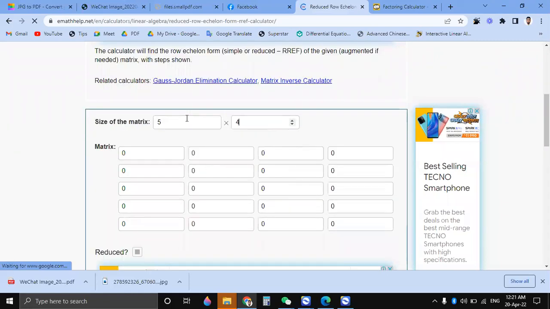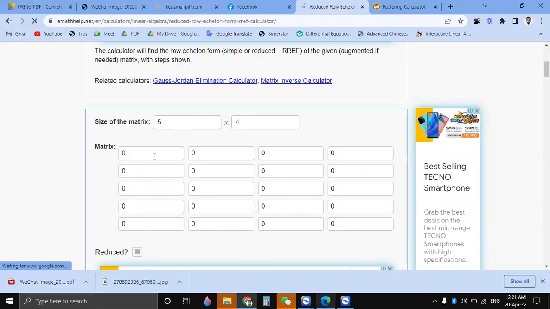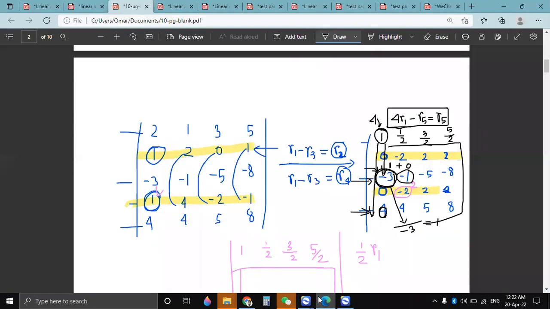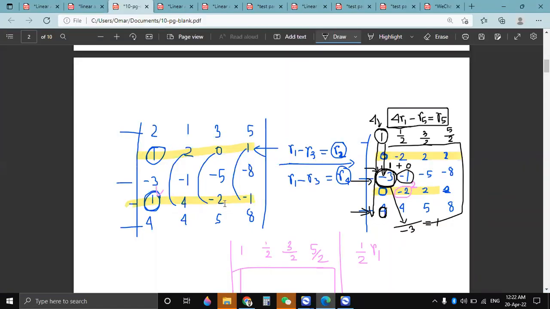As we are from the AI sector, most often we will use our computer to calculate these types of matrices. We don't need to do it by hand. So 2 1 3 5, that is a good sign. Two, 1 3 and 5. Then 2 0 1, I'm just pressing tab.